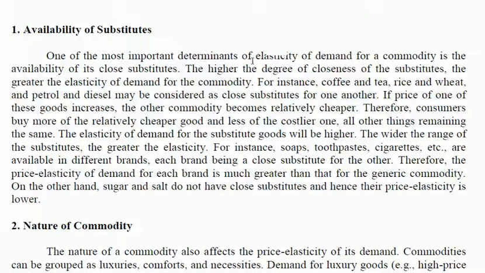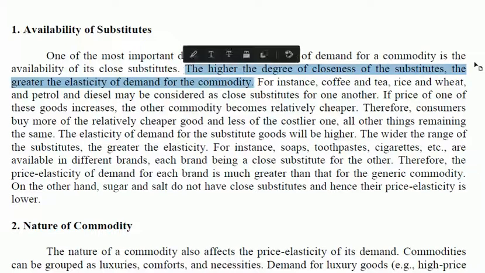One of the most important determinants of elasticity of demand for a commodity is the availability of its close substitute. The higher the degree of closeness of the substitutes, the greater the elasticity of demand for that commodity. If the substitute is very similar, like Pepsi and Coke, the elasticity will be very high.